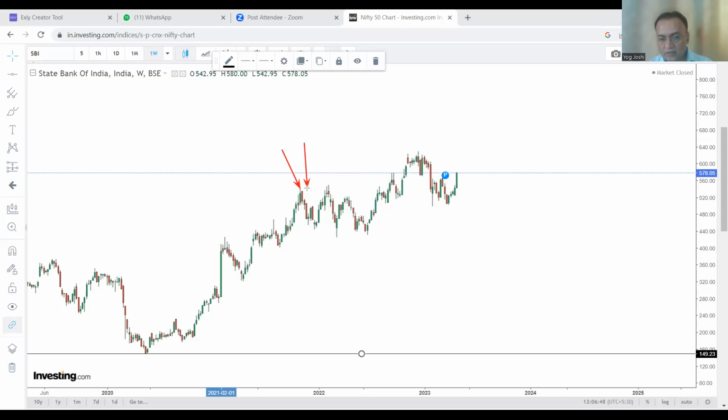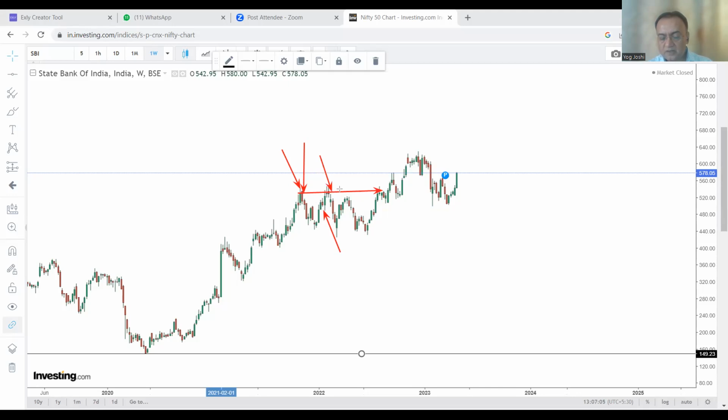So when we already know that this is the resistance, this is the distribution zone, this is the supply zone, we can predict that this price level will be a resistance area for this chart.